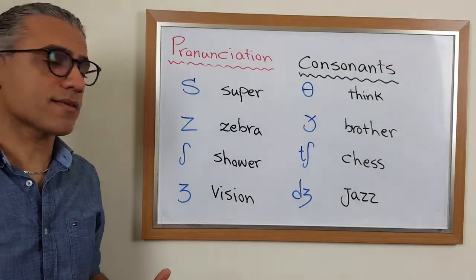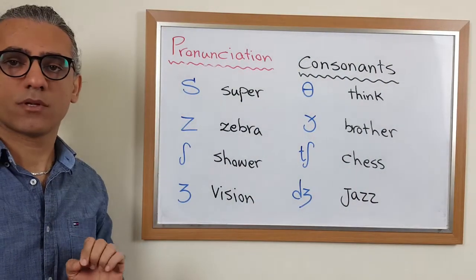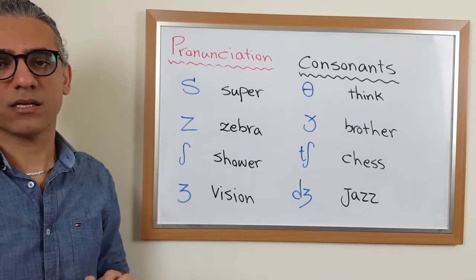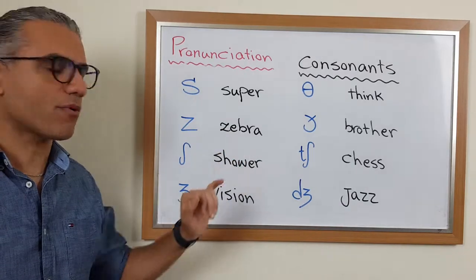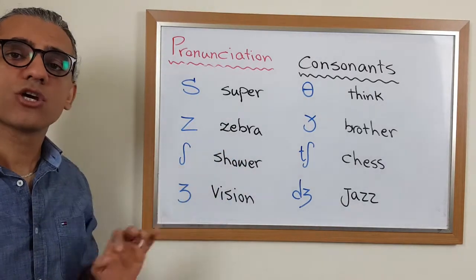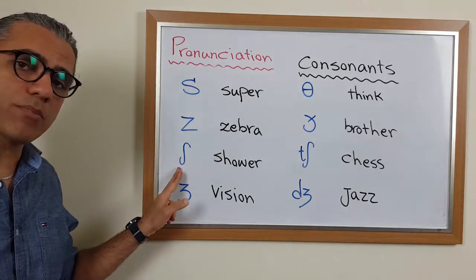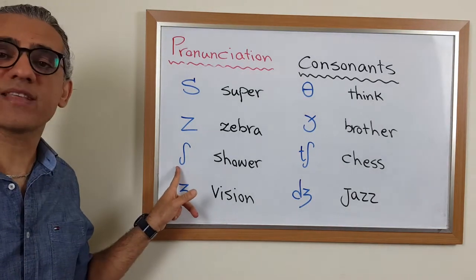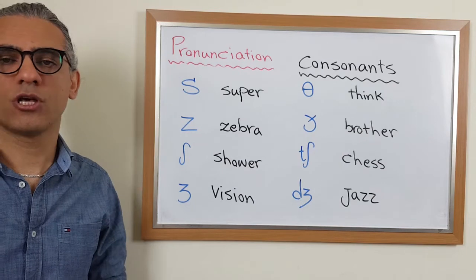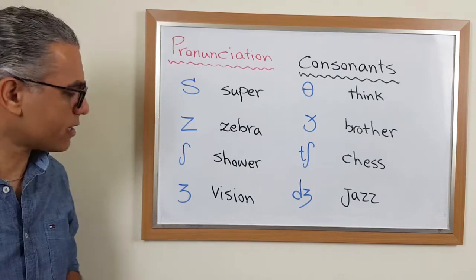Okay, the next consonant is s, like super, seen, saw, and so on. The next one is z, like zebra. The next symbol is sh. So this symbol, when you look up a word in a dictionary, represents the sound sh, like shy, shower, and so on.